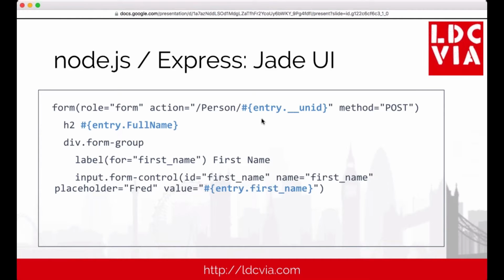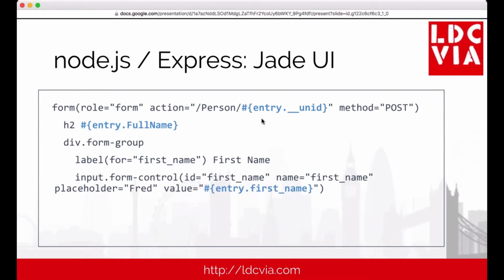But the entities that you can see on the screen, such as form, h2, div, label, input, they're all straightforward and they result in HTML as you would expect. So the key thing here is that we're pushing an attribute into the view called entry, and we're using a fairly familiar dot notation to pull out attributes from that.